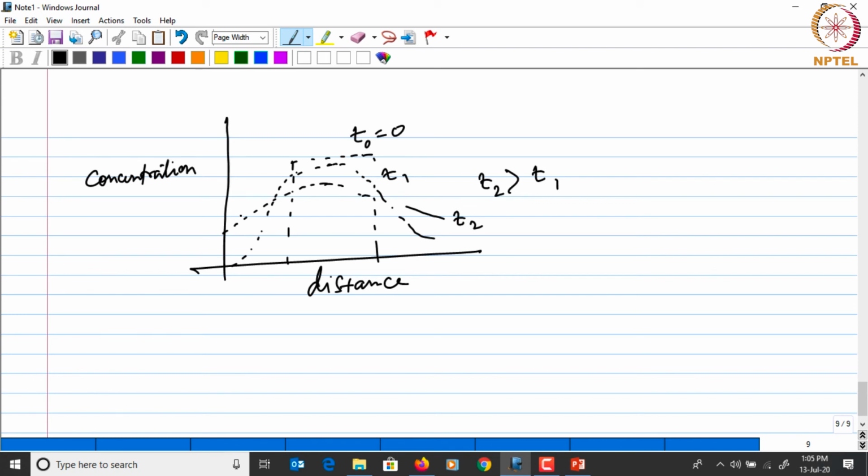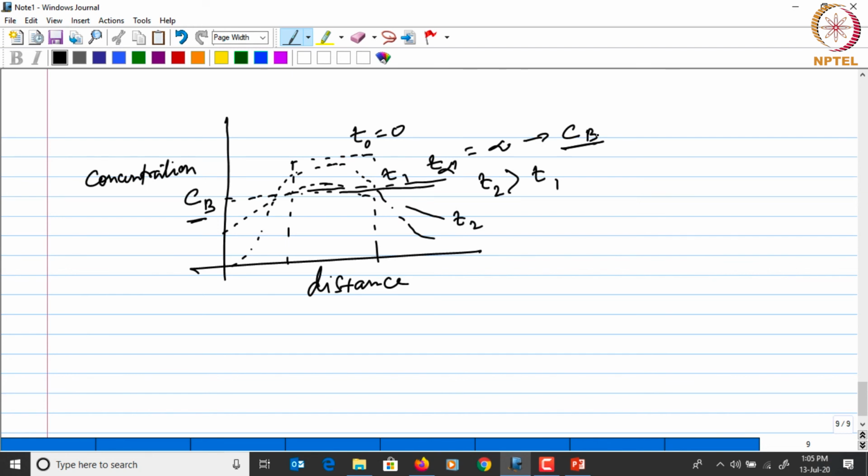Okay, and ultimately it will level off at a particular average value Cb, which is the composition of the alloy that we are looking for. So this will happen on prolonged heating. That means you can consider this as time infinite. Right, when it becomes Cb, the average alloy composition.